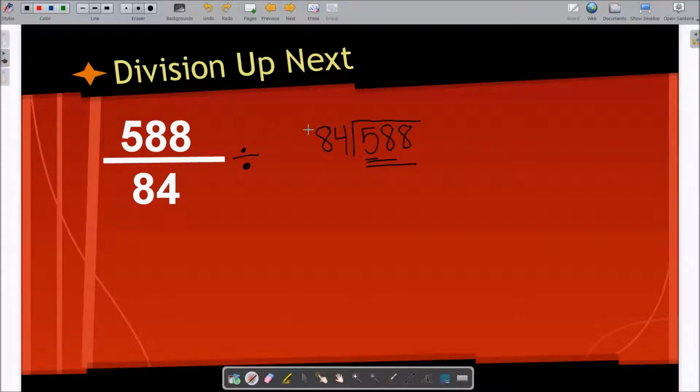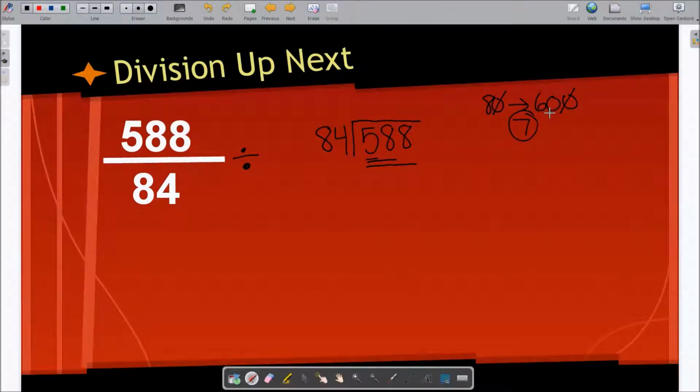So if I think about 84, 84 is really close to 80. And 588, if I was rounding, that would be really close to 600. So I can think about how many times does 80 go into 600. And actually, if I just slash off the last zeros there, I'm really thinking about how many times does 80 go into 60. And it goes in 7 times, because 8 times 7 is 56.